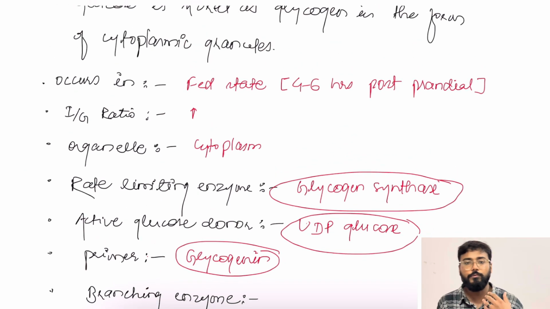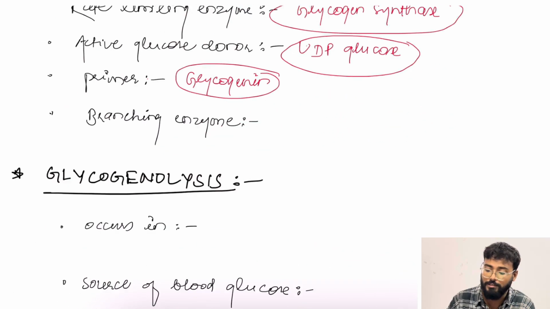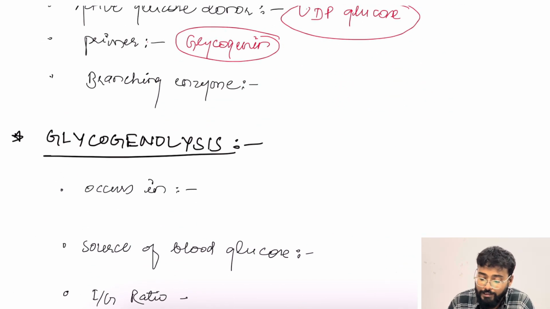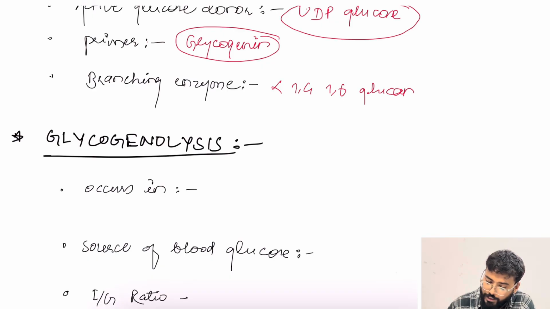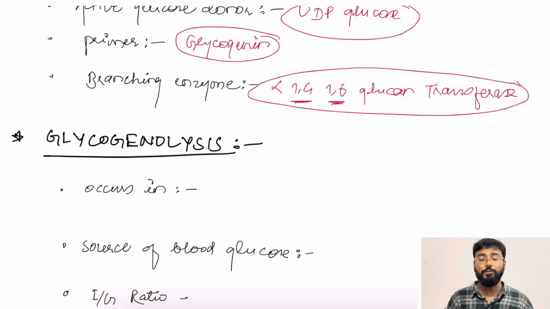In order to form glycogen, we need to attach units of glucose one after another, and for this we need a branching enzyme, which in this case is alpha 1,4 1,6 glucan transferase.